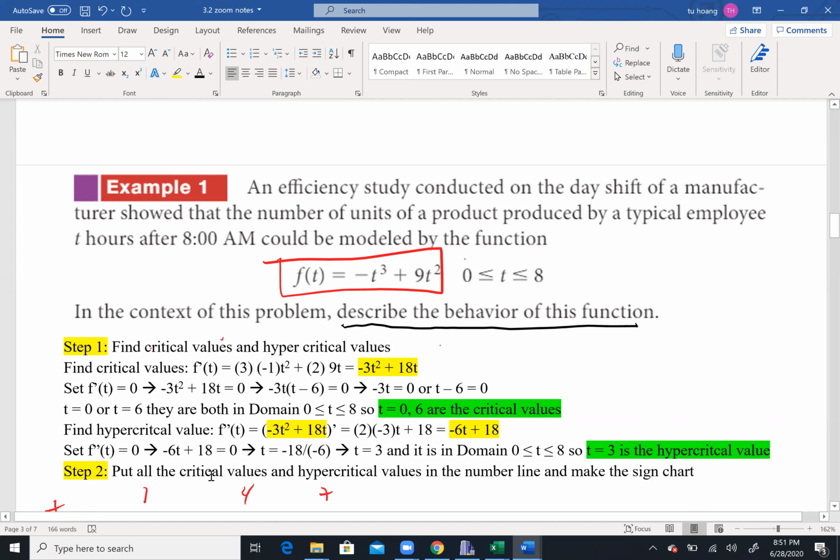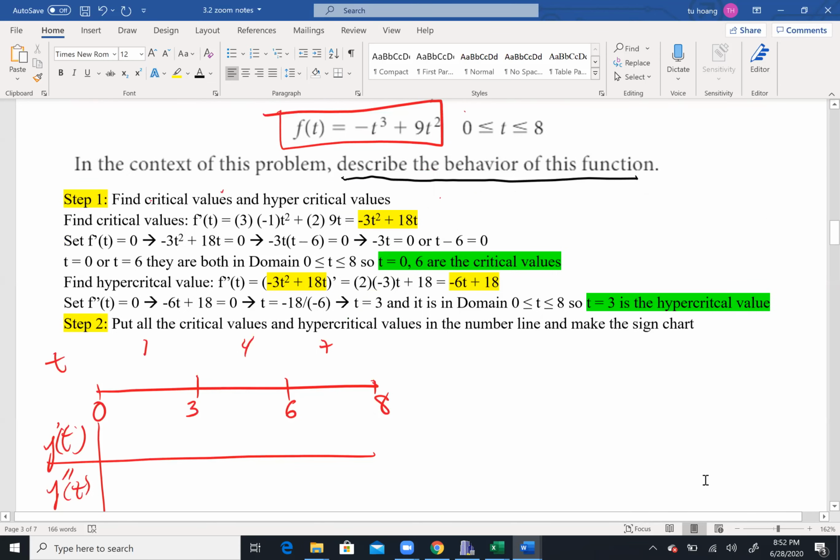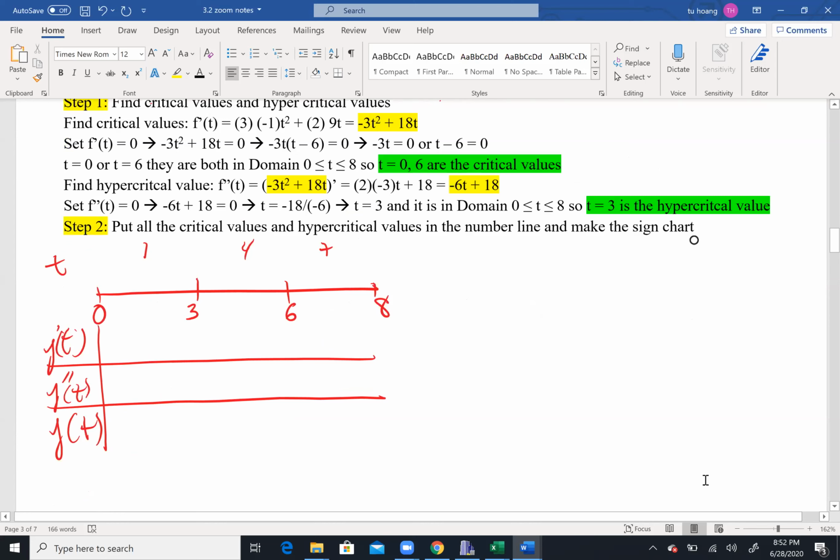And step number 2 is to put all the critical values and hypercritical values on the number line and make the sign chart. Okay, so let me move down here.